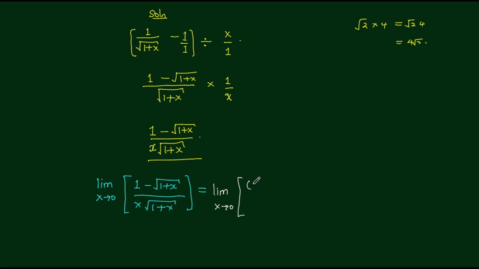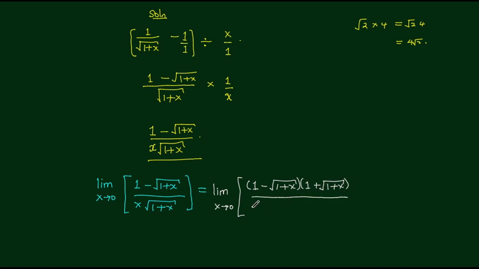So here, as x tends to 0, we write the conjugate pair of the numerator. We start with 1 minus under root of 1 plus x. Then the conjugate of this is 1 plus under root of 1 plus x also. Now we have to divide and multiply by the same thing to keep our fraction equivalent.